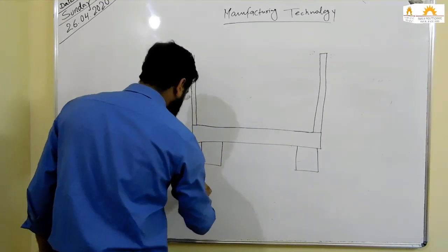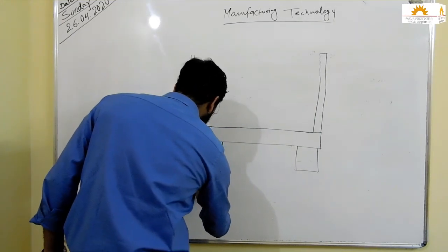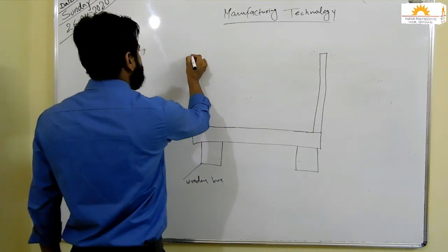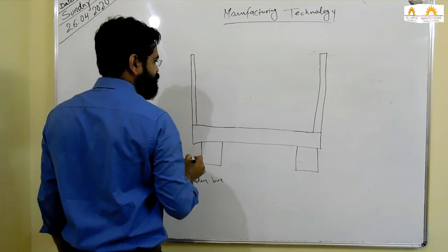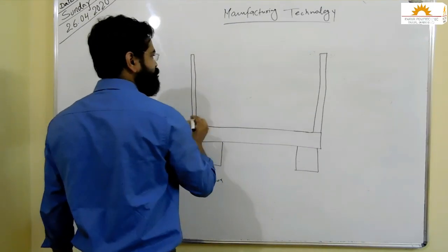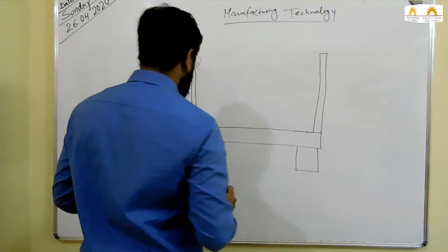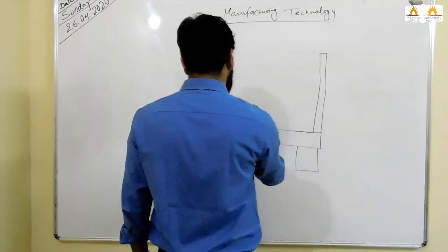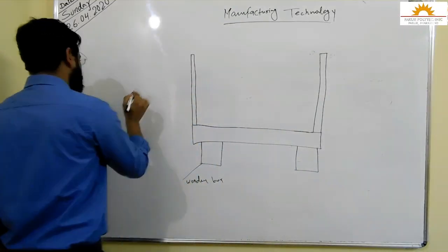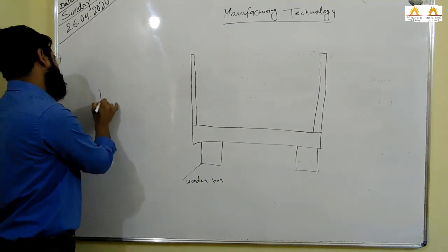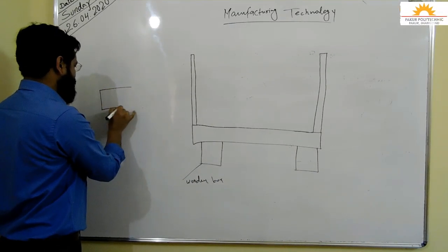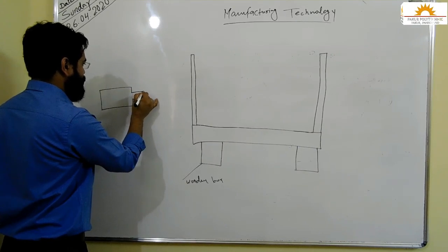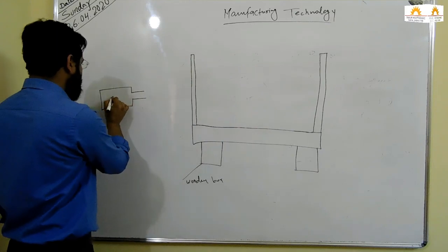This is our wooden box. This is the frame, or you can say flask. Suppose we have to make the casting of this type of shape, and we require a core here.